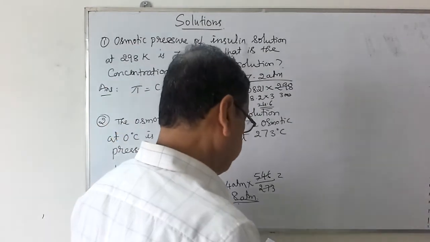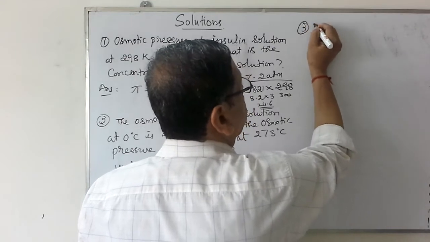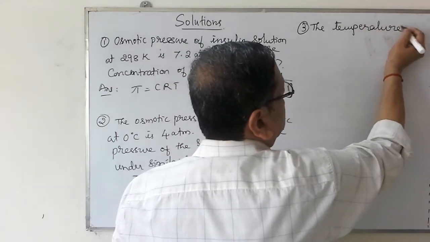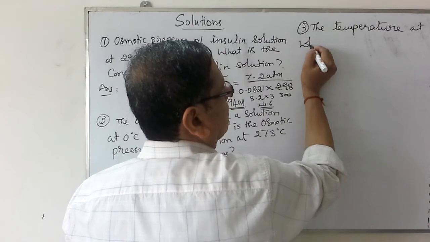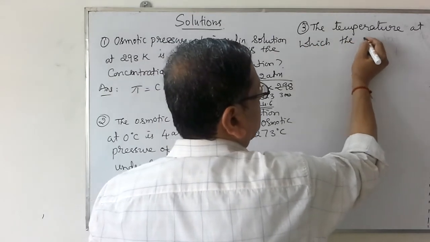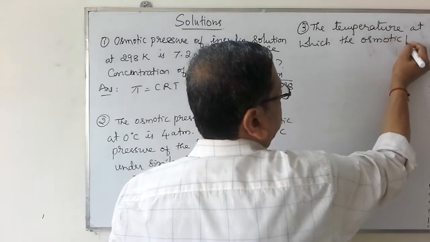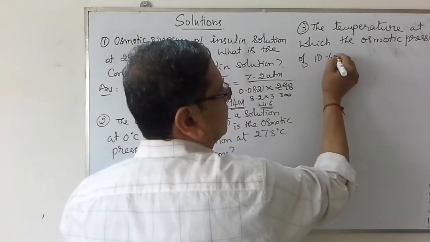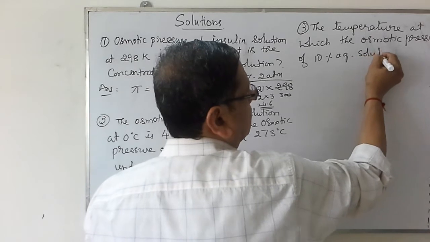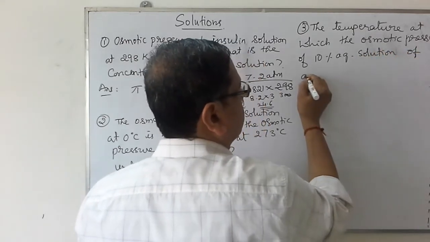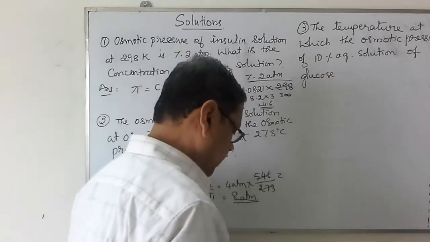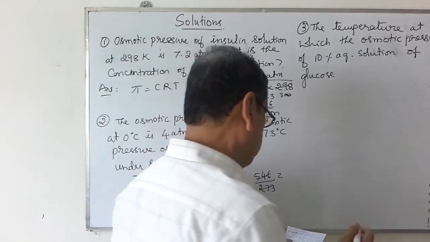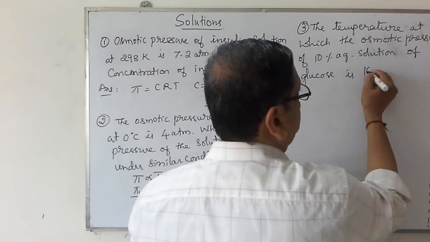Now let us take the next one: the temperature at which the osmotic pressure of a 10% aqueous solution of glucose is 16.4 atmospheres.